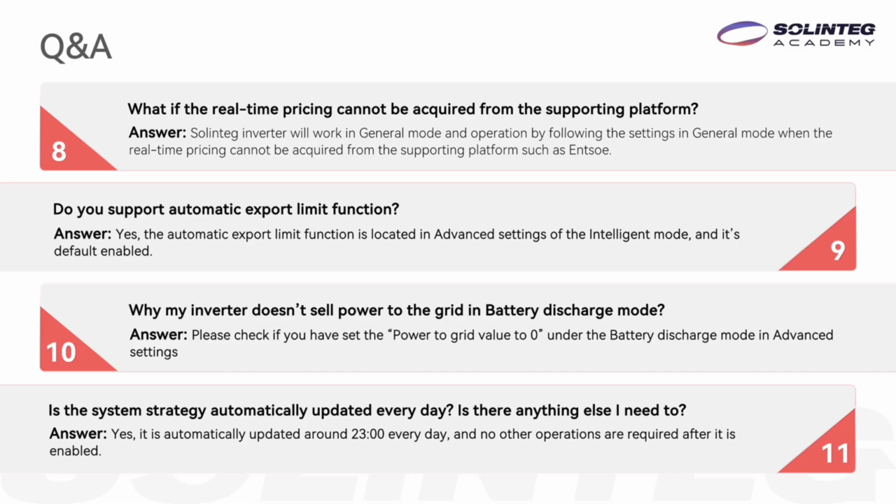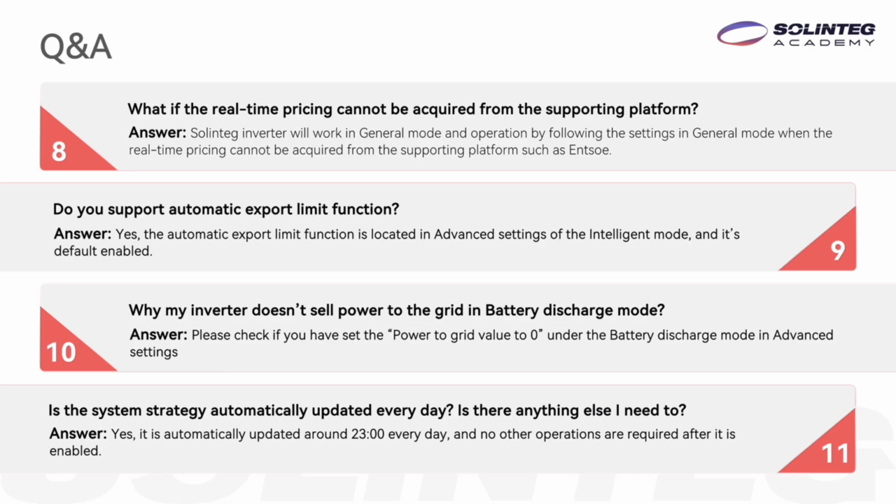In that case, our inverter will work in the general mode and operate by following the settings in the general mode, in case the real-time pricing cannot be acquired from the supporting platforms that we are integrating right now. And some customers might live in countries that have negative electricity prices. For them, they will need the automatic export limit function. We have this function now, and in our intelligent mode, it's open by default.